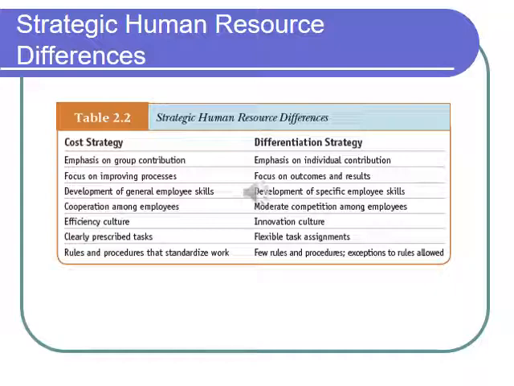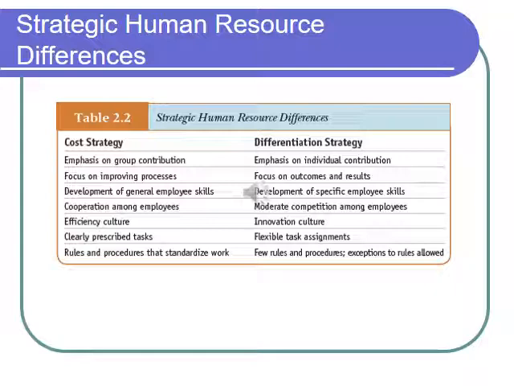If you have differentiation strategy, you emphasize individual contribution because you need people to innovate and come up with new ideas. Of course, you need people to cooperate, but innovation and differentiation is much more important than group contribution.